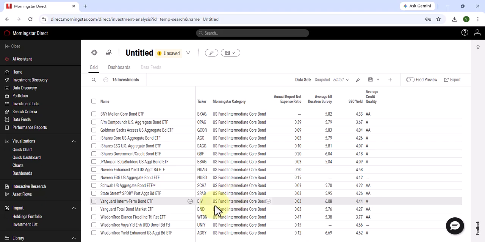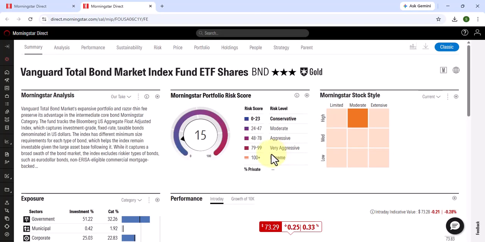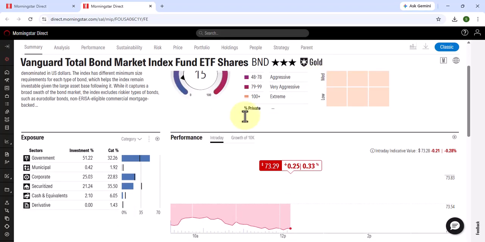My next one was BND. This has the same Morningstar portfolio score of 15 as our first one did. It is again a gold medalist rating.